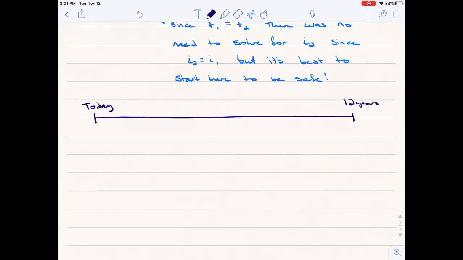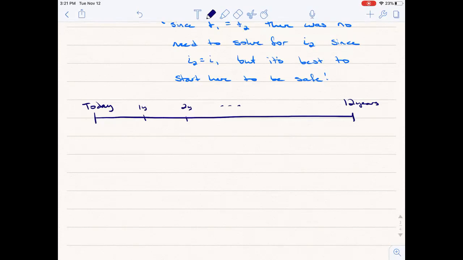The first 3 ticks are today, 1 year and 2 years, and then I can just stop and put dots to indicate that things just keep going the same way. So I want 3 at the beginning and 2 at the end, and that'll show us what's going on.